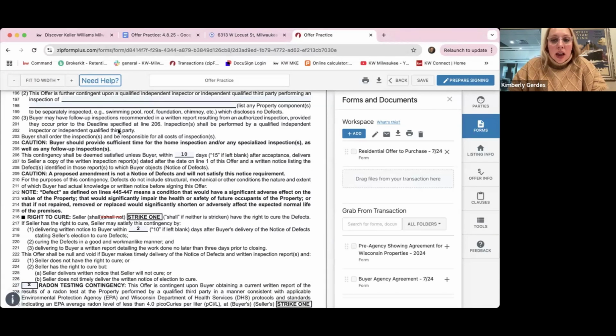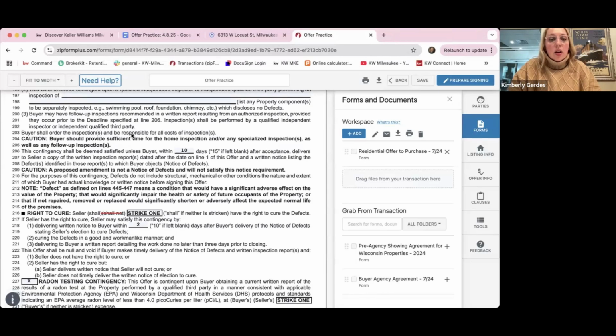But your buyer also has the right, if the home inspector makes recommendations for follow-up inspections, to do those, and to access the property so that other third party can come in and take a look at the area in question.